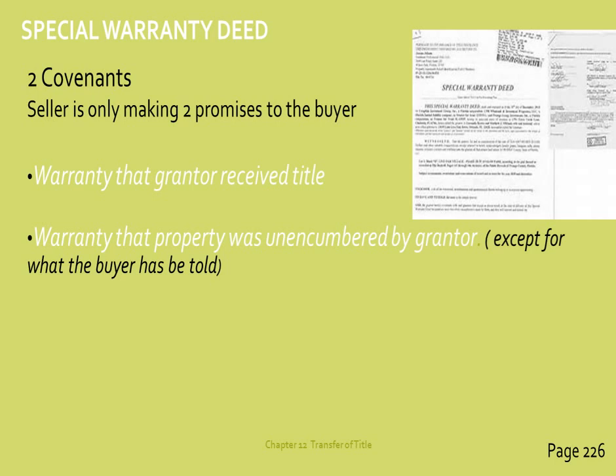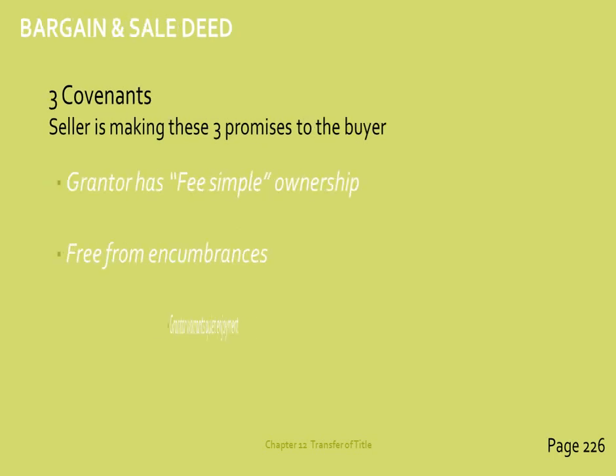In a bargain and sale deed, I promise you, Mr. Buyer, that I have fee simple ownership. It's relatively free of encumbrances, and I promise you quiet enjoyment. So there are some promises with the bargain and sale deed, not all the promises made with a warranty deed.